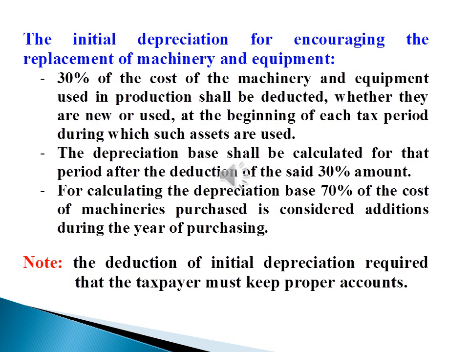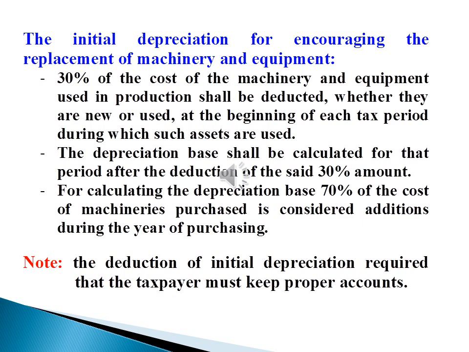The initial depreciation for encouraging the replacement of machinery and equipment: 30% of the cost of the machinery and equipment used in production shall be deducted whether they are new or used at the beginning of each tax period during which such asset is used.